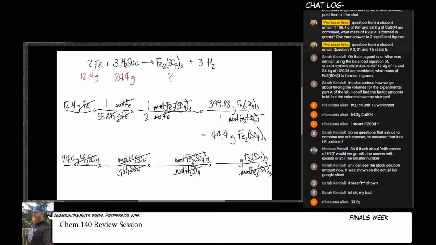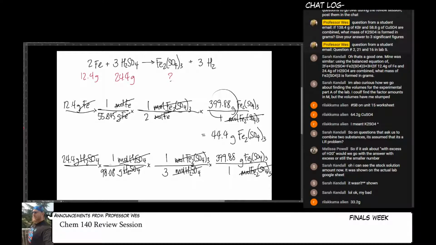All right, so now we'll fill in the numbers here. So sulfuric acid to iron 3 sulfate is just 3 to 1. This number over here is the same as this number from before. So we can just fill that directly in. And then I just need to know the molar mass of sulfuric acid, which is... I gotta click on the thing. 98.08.